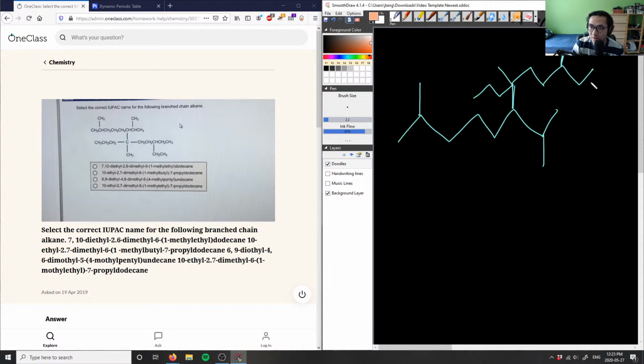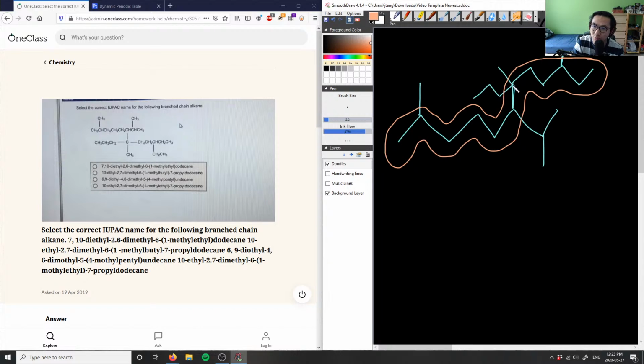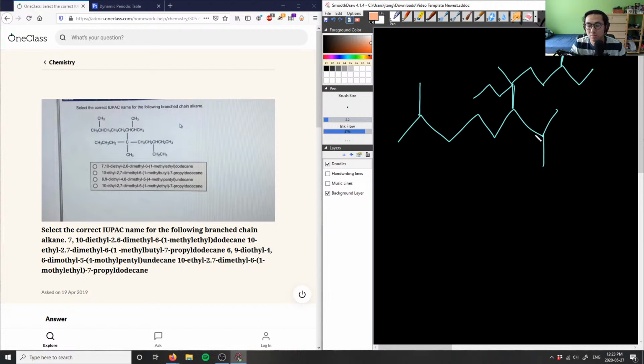And then I can maybe make this the longest chain, because this is a pretty long chain. Then this one would still be a propyl chain, this one would be ethyl, and this one would be an isopropyl chain here. So maybe that's the way to go.